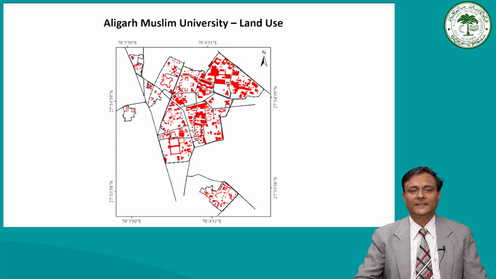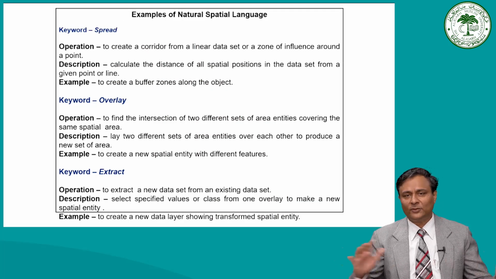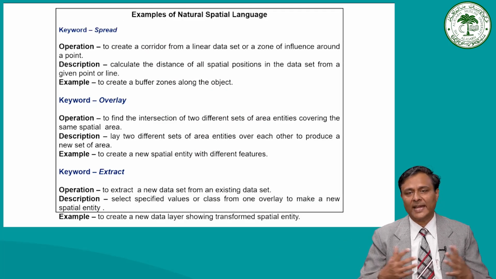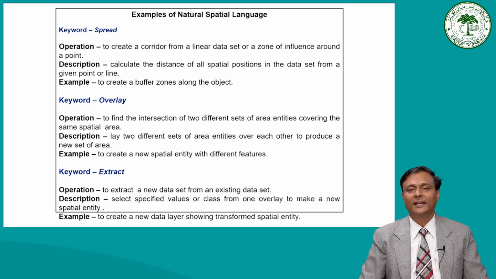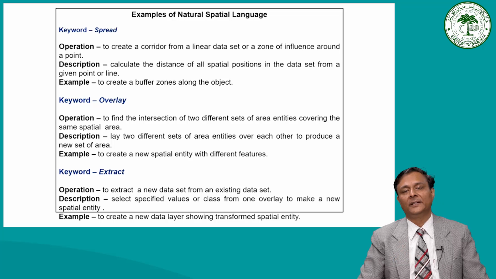So this is the land use of Aligarh Muslim University, where built up area has been identified. This way you can aggregate, reclassify and use the spatial information in different ways, and you can bring more insight into it.